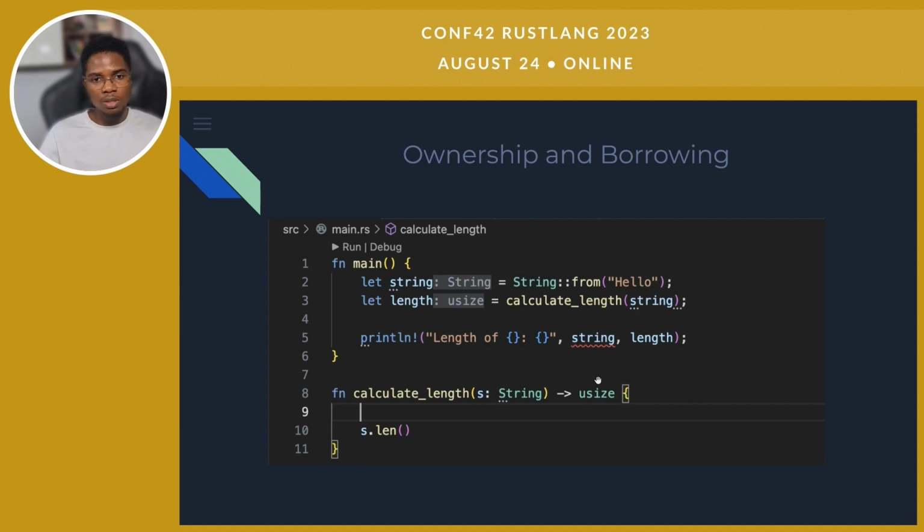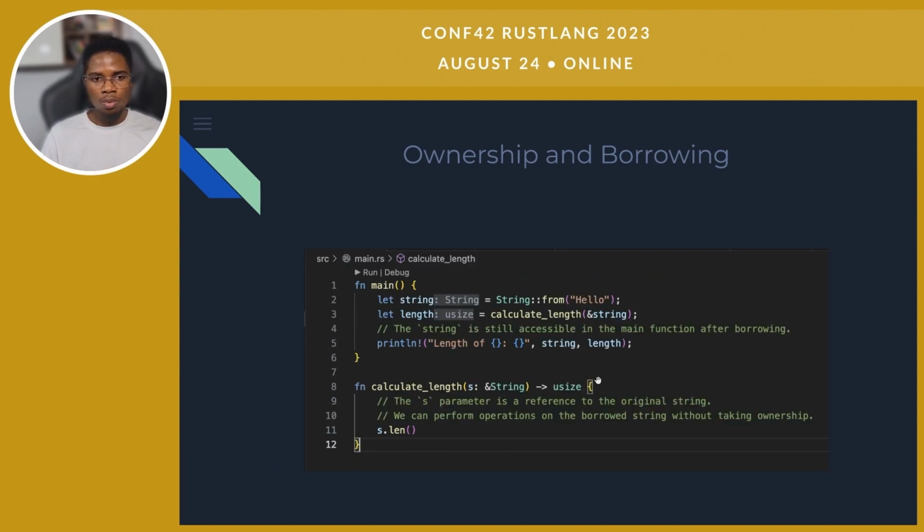So basically to fix this, calculate_length can say, okay, instead of me owning any value given to me, why not I borrow the value, or the reference to that value, instead. So calculate_length says, I just want something borrowed and I'm going to use it for a particular thing, and when I'm done, I'm not going to deallocate it.